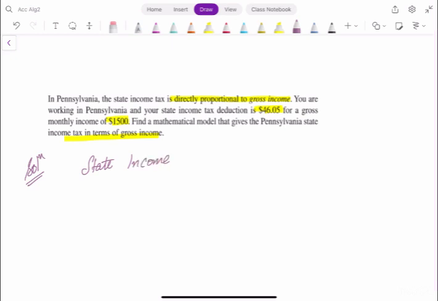Let's define some variables. Let the state income tax be y, and the rate, because it will remain constant and will not vary with the income, is k. The gross income that I need to calculate is x, right? So if I multiply the gross income with the rate, I will get the state income tax.